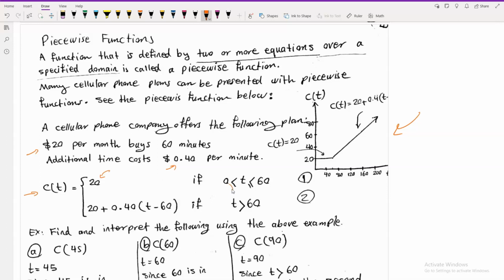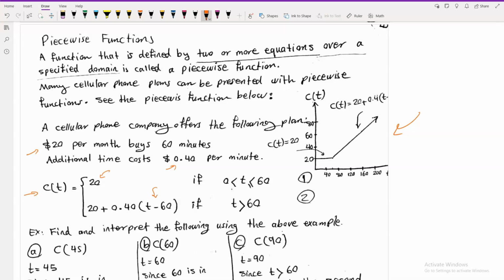We cannot have equal to 0 because time is not 0. And then for additional time, which is more than 60 minutes, we have $20 plus 40 cents times what we have for more than 60 minutes. So our time minus 60 multiplied by 40 cents. So that is our piecewise function.